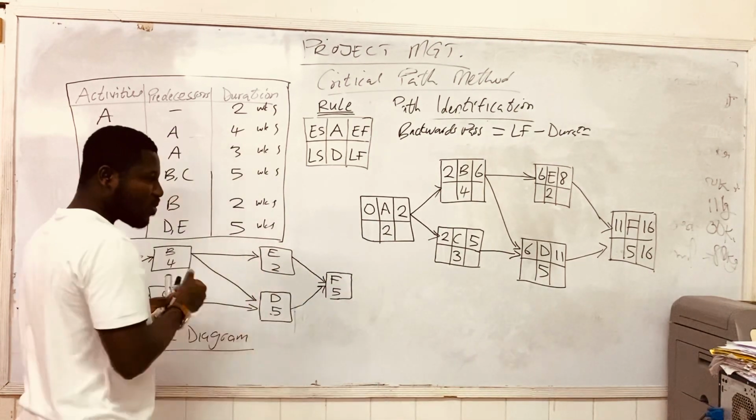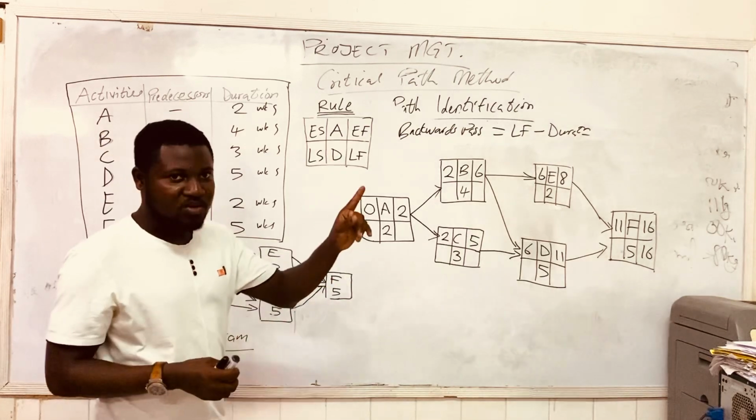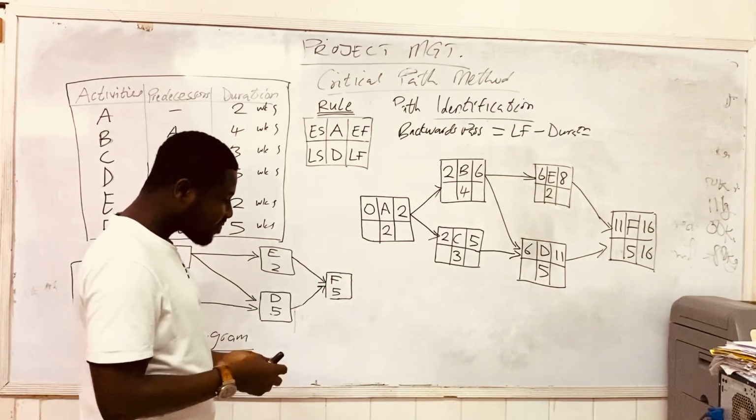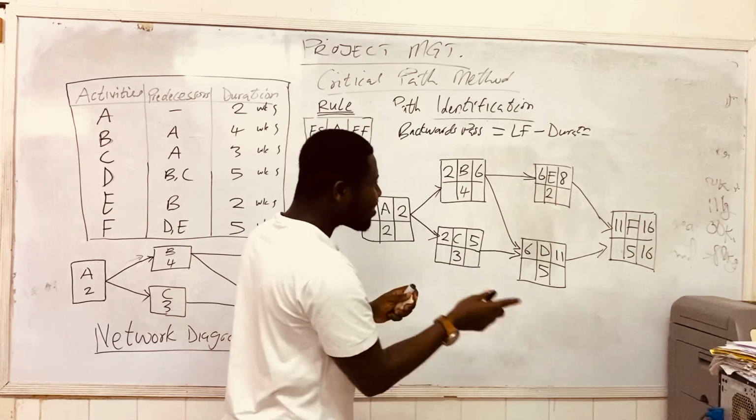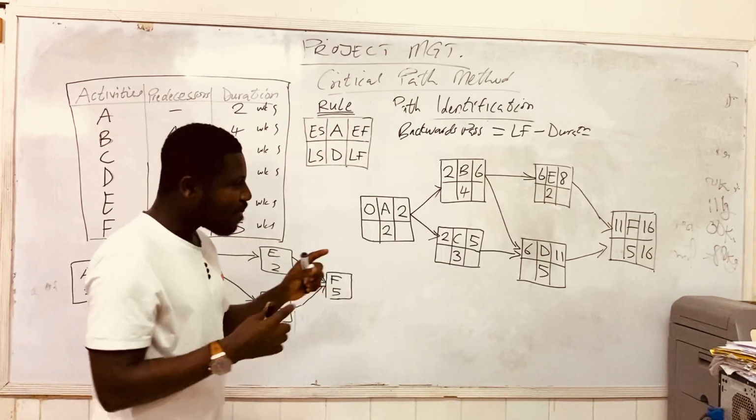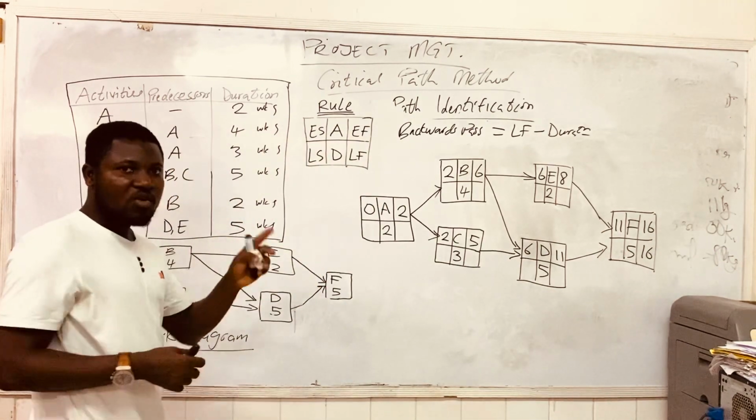But when we are coming backwards, we are not going to use the highest values, but the smallest values. And when we're working on the forward pass, we're adding. Now for the backwards pass, we are going to be subtracting.